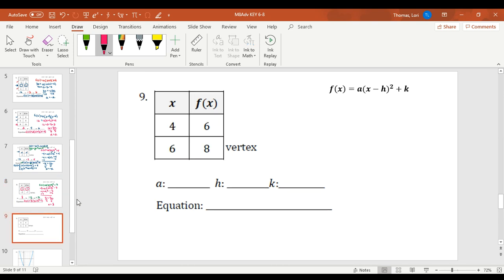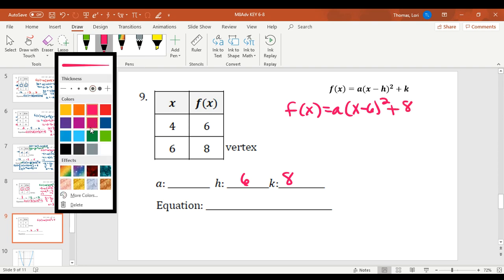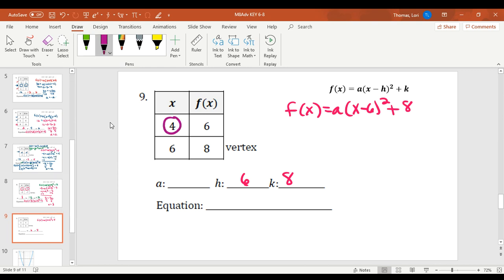Number 9, the vertex, 6, 8, x minus 6 plus 8. We're going to plug in 4 in my x spot and 6 for f of x.